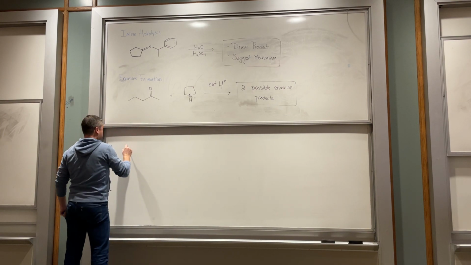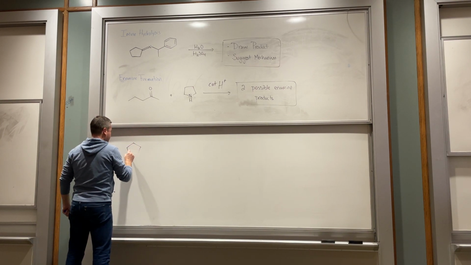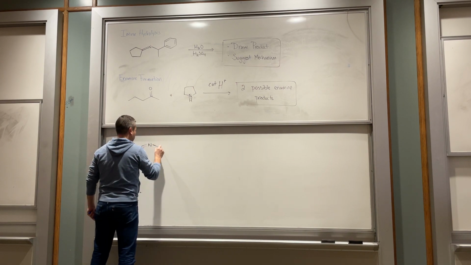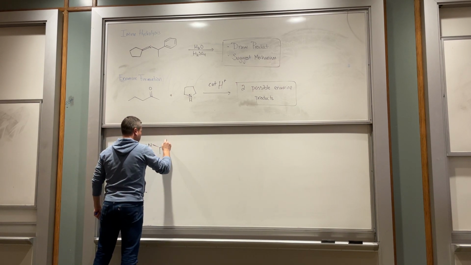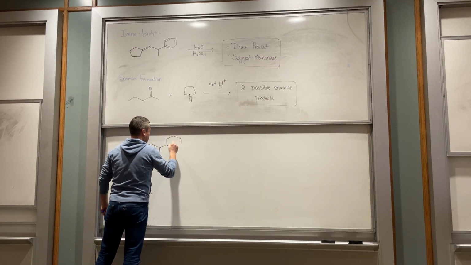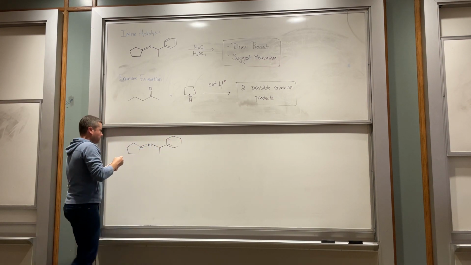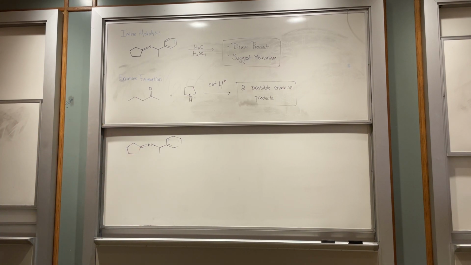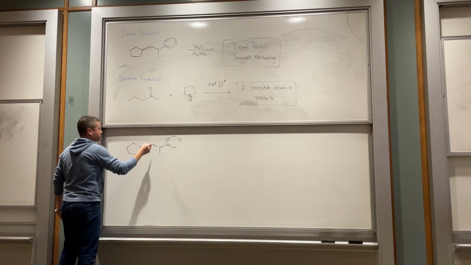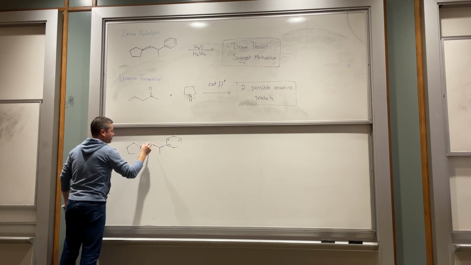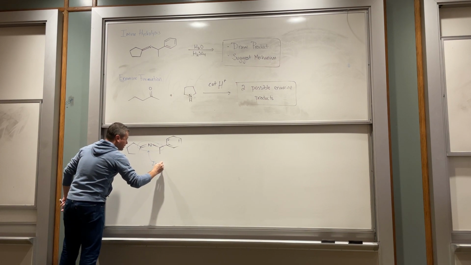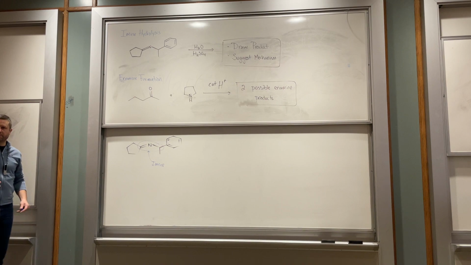So let's look at first the imine hydrolysis. All right, first it's good to be able to identify what the imine functional group is before you do any reaction to it. So these atoms are going to be part of the imine functional group.